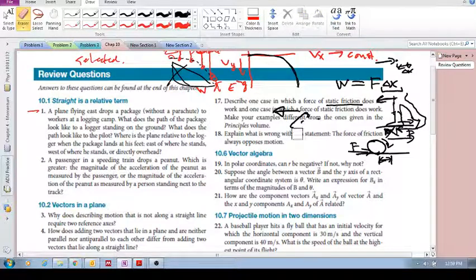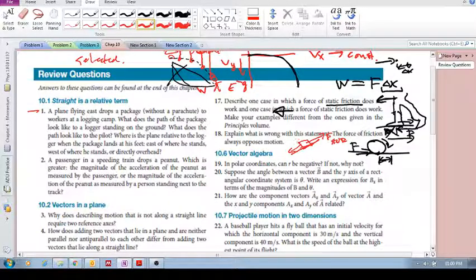Okay, then also just look at the review questions, the solutions. Explain what is wrong with this statement: the force of friction always opposes motion. We somehow come up with this idea that if you have an object that wants to slide down there due to gravity, so it wants to move in that direction, you're going to have a friction force there at the surface, static friction or kinetic friction, and it wants to oppose that motion.